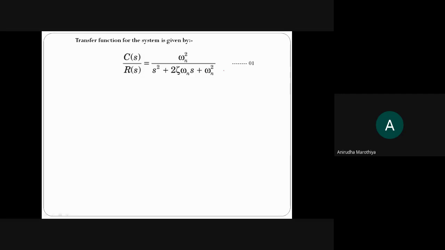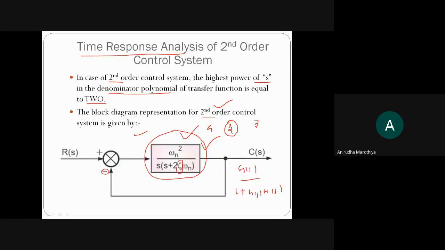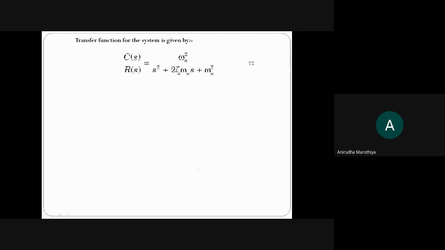The value of g of s will be this, which I have indicated here, omega n square upon s in bracket s plus twice zeta omega n. h of s will be 1. Apply that logic, solve it. Finally, you will get this as the overall transfer function of that particular system. Please let me know whether you are getting this answer. Yes, sir.